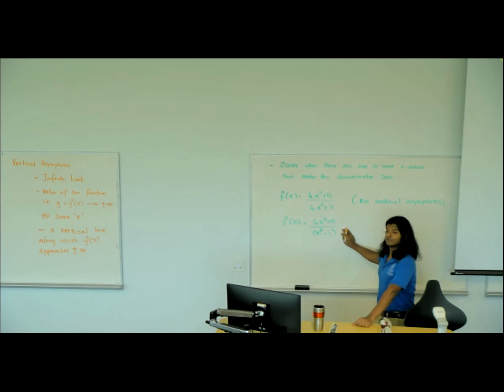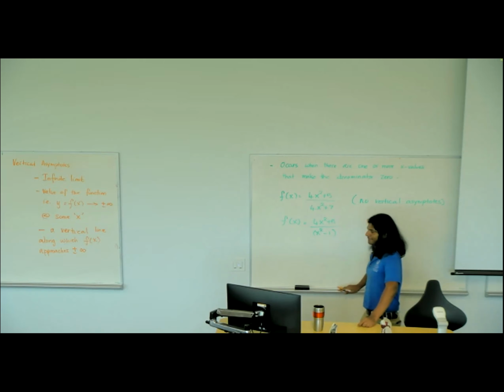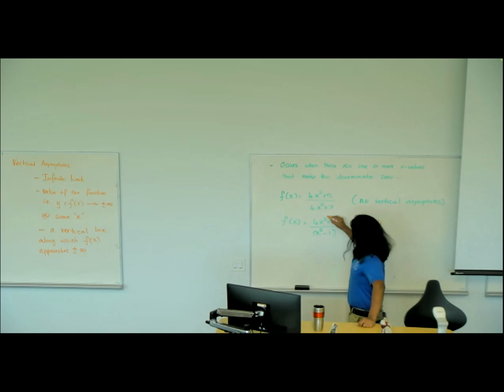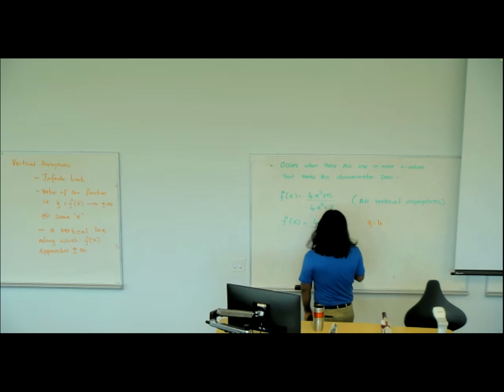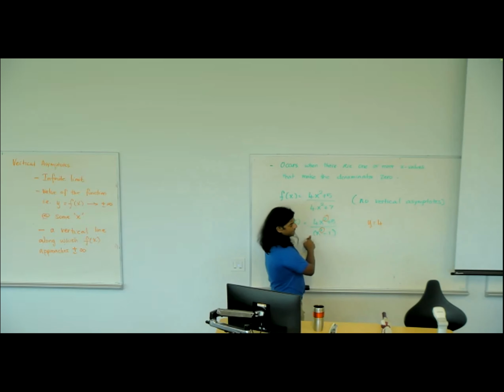Horizontal, y equals 4. Why is that, Riley? So the degrees are identical, so we simply divide the numerator leading coefficient by the denominator leading coefficient. 4 divided by 1 is 4.